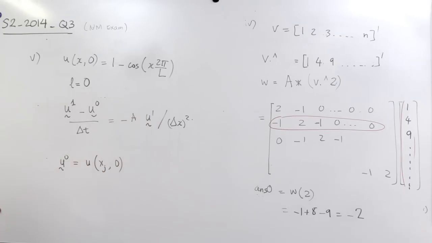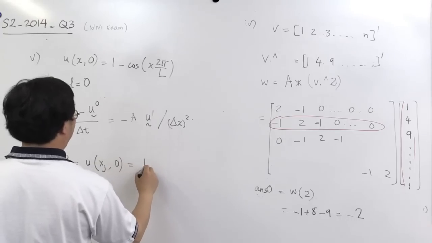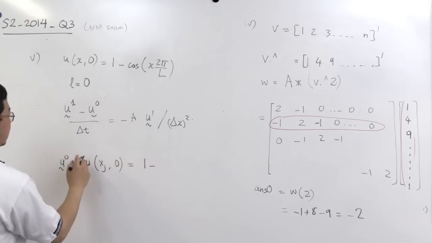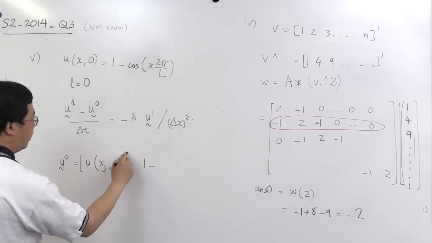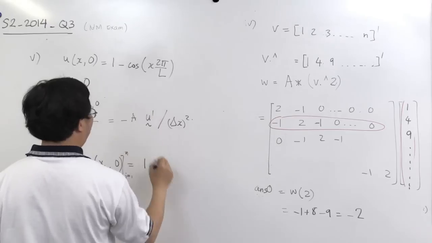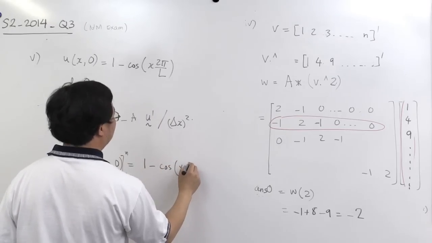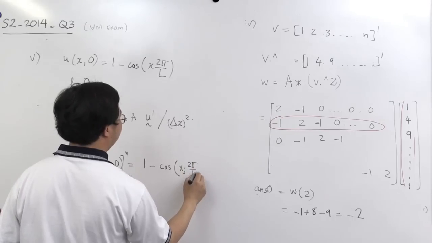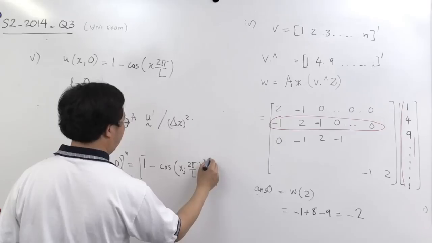So you have 1 minus cosine of xj times 2 pi over L, and j runs from 1 to n, since this is a vector.